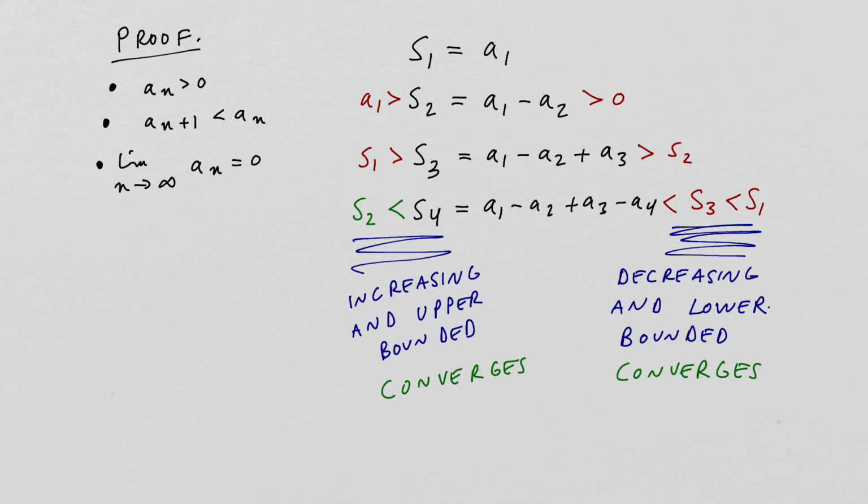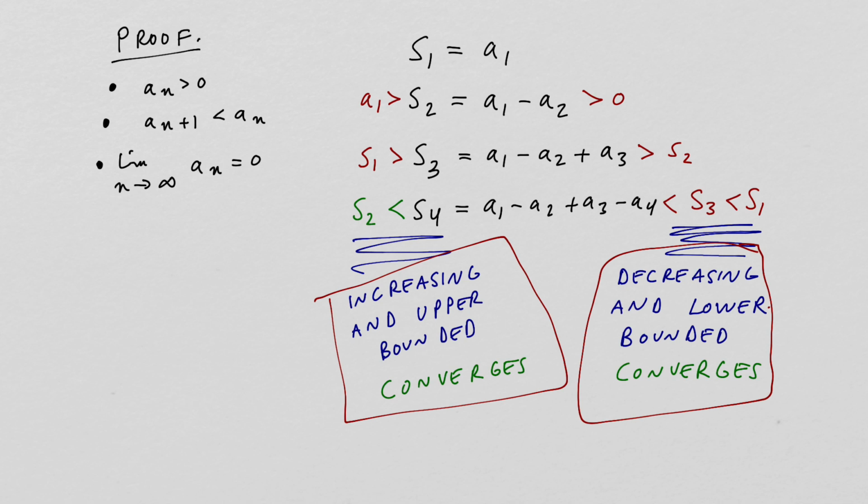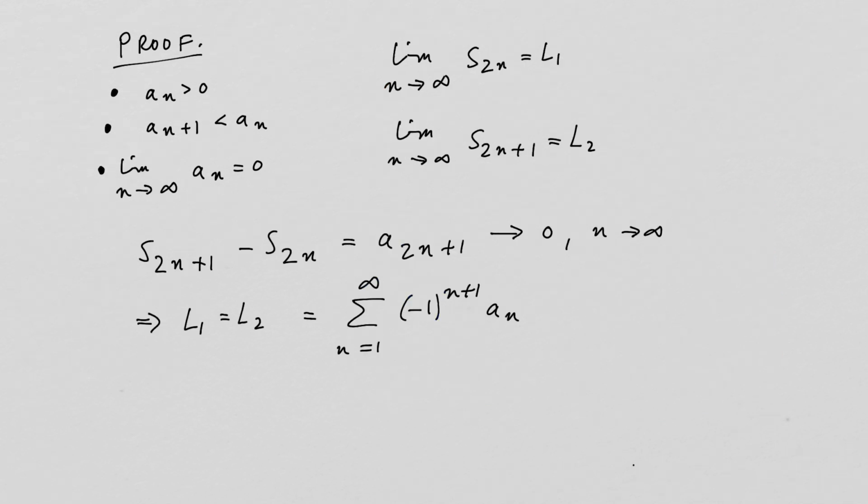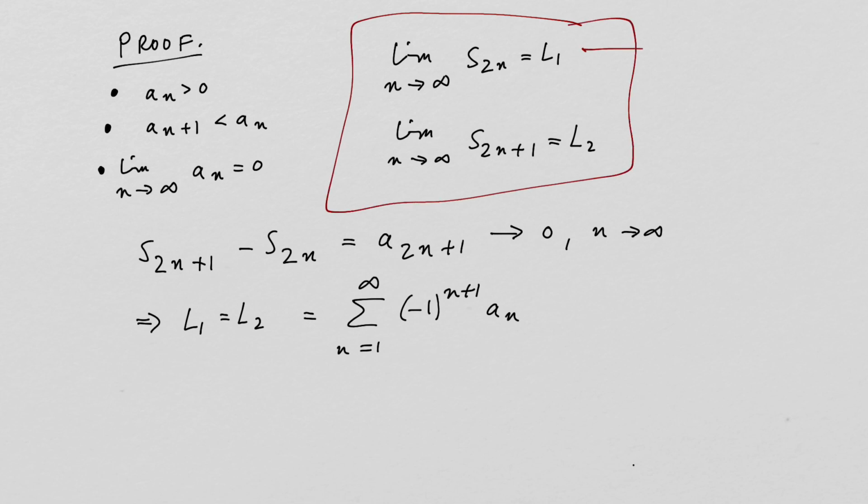The sequence of the odd partial sums is decreasing and lower bounded, so this sequence converges. The sequence of the even partial sums is increasing and upper bounded, so this sequence also converges. So we have these two limits. The limits might even be different numbers, but we can see why they have to be the same number.